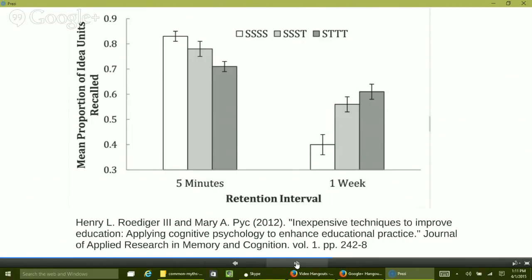Right, but this has been done in a variety of different formats, with different materials, and even when the test involved concept maps, where they had to create concept maps in response to a prompt, they still did better when they had been tested.